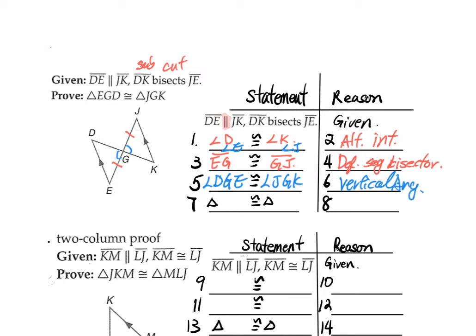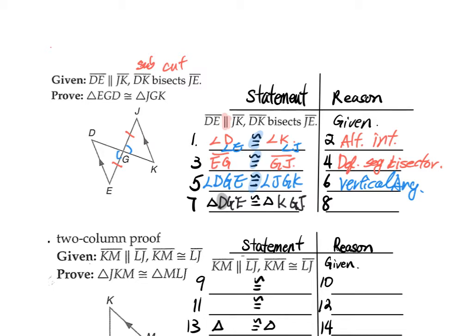is congruent to angle JGK, vertical angle. Then we got 3. Notice now you have 3 of them: 1, 2, 3. So that means you can say triangle DGE is congruent to KGJ. I will look at your answer, and make sure it's in the right order as well.